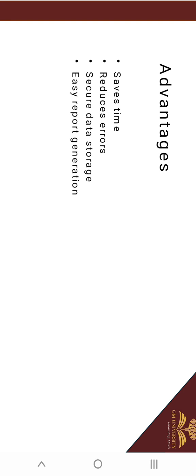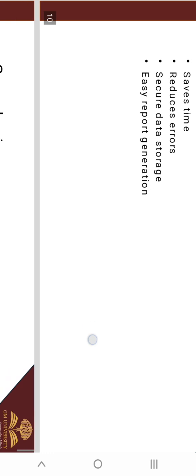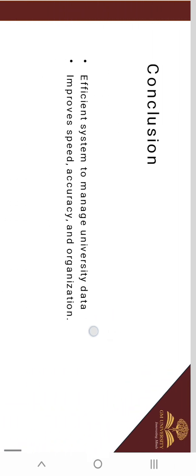Because everything is stored in the DBMS catalog, report generation is easy. It also saves time and reduces errors, and stores data in a secure way. So next comes the conclusion.